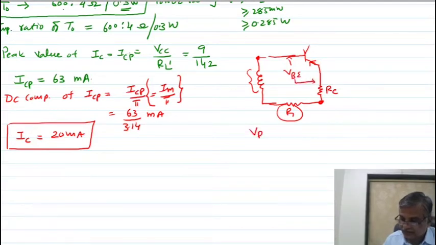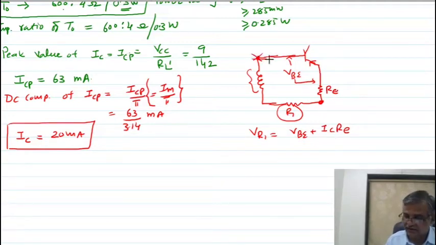So I can write voltage across R1 is VB plus IE RE. Instead of IE, I am writing IC RE. So between these 2 points, your voltage is this.